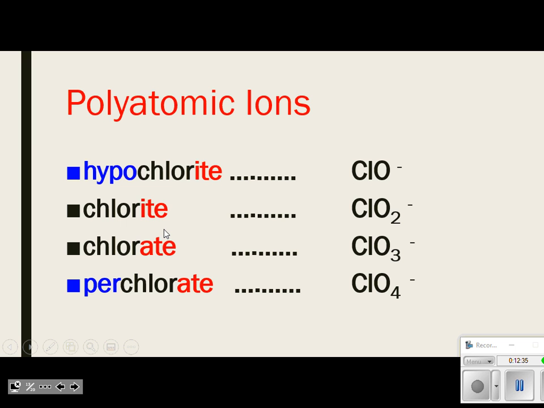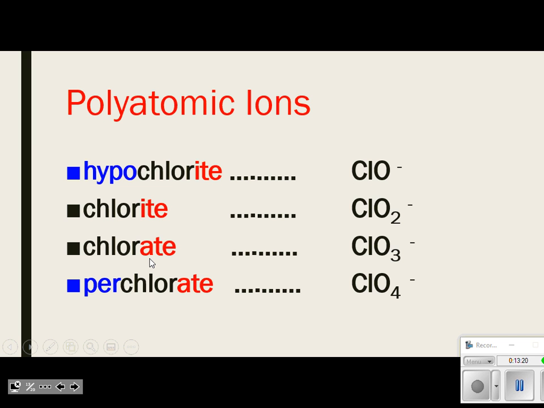So we just take away an oxygen. What would perbromate be? Paige? BrO4, 1 minus. We add one oxygen to it. What would hypobromite be? Ella, what do you think? BrO, 1 minus, right?